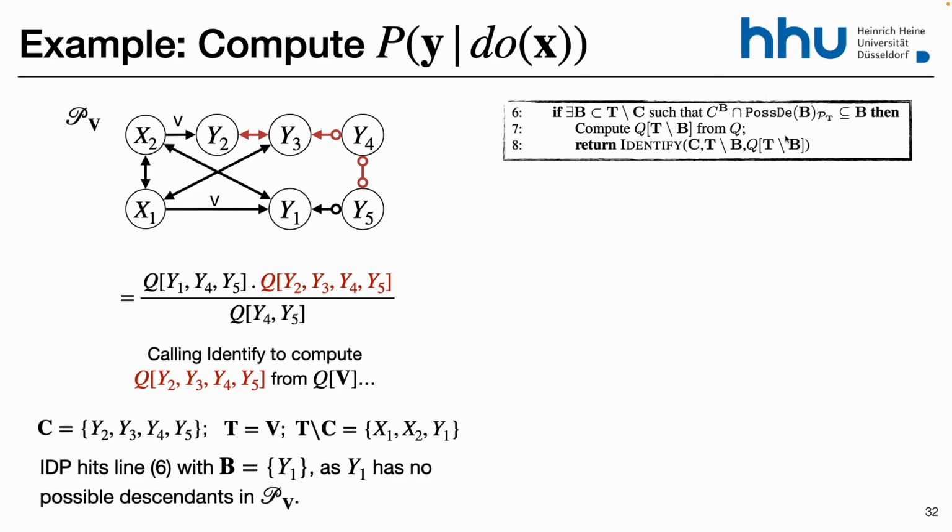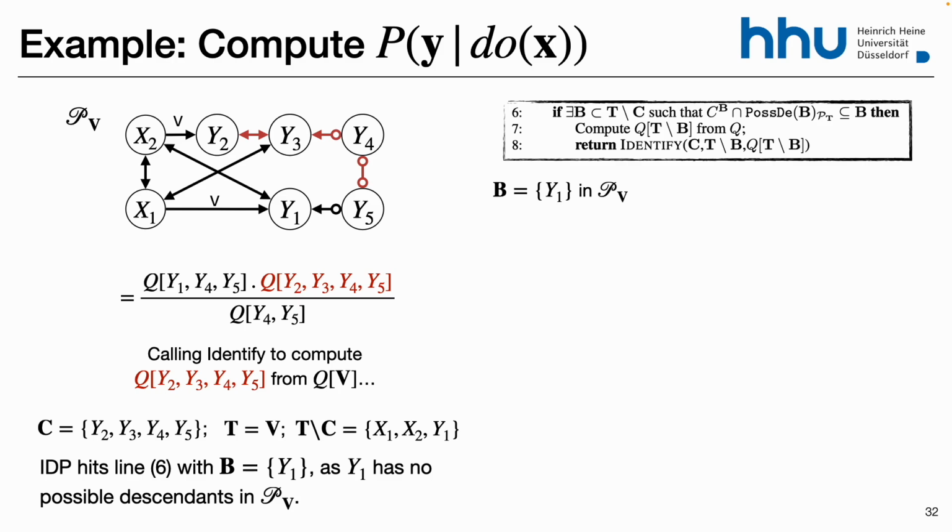Either we check the intersection between the possible descendants of this bucket and the C components. Since the possible descendants is empty, well, just Y1. Yes, Y1, sorry, is just Y1. Y1 is going to be itself, which is in B. Yeah, you are correct. I put here none, but it's just Y1. As Y1 has just itself as a possible descendant, this condition is trivially satisfied.